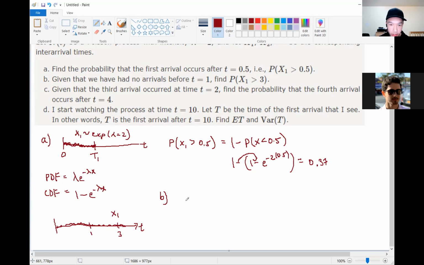How do we write this in notation? It's the probability that x of 1 is greater than 3. But they also gave us a conditional statement: given we have no arrivals before t equals 1. This is basically saying that x of 1 is also greater than 1, because x of 1 is the time until the first arrival. So if there are no arrivals before t equals 1, then x of 1 is already greater than 1.